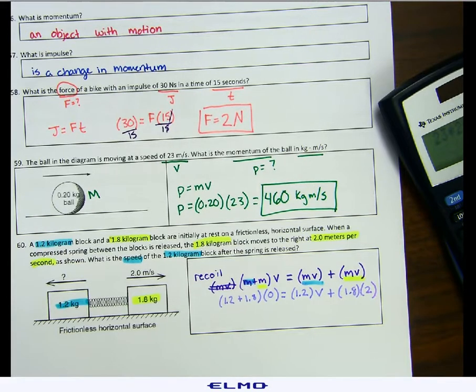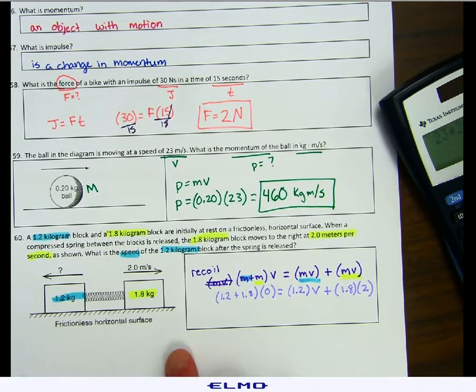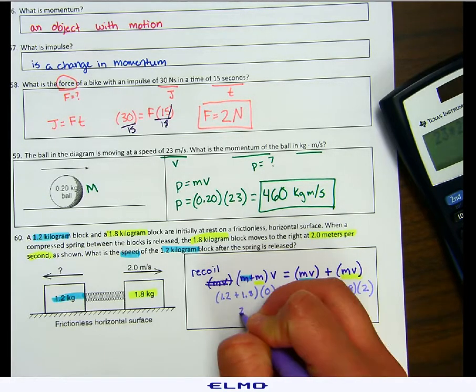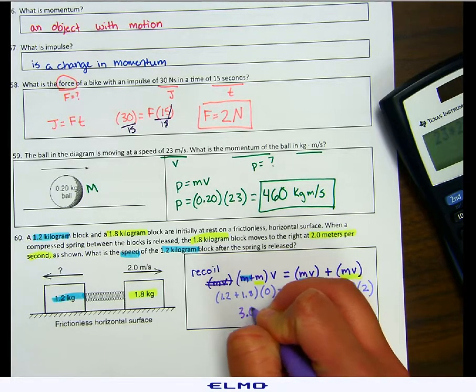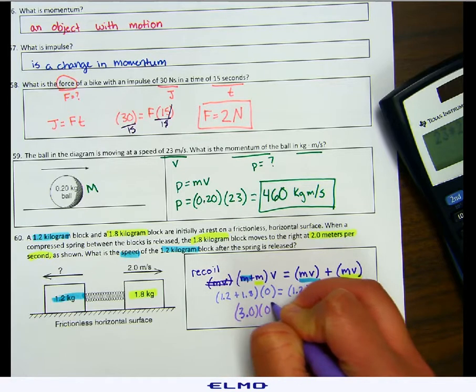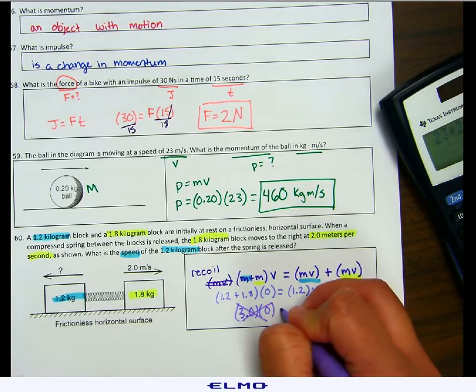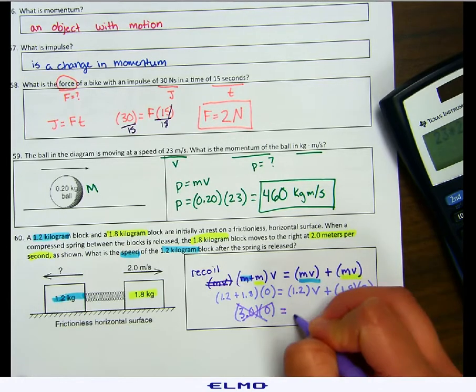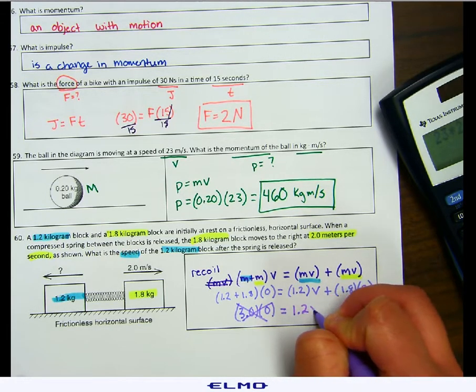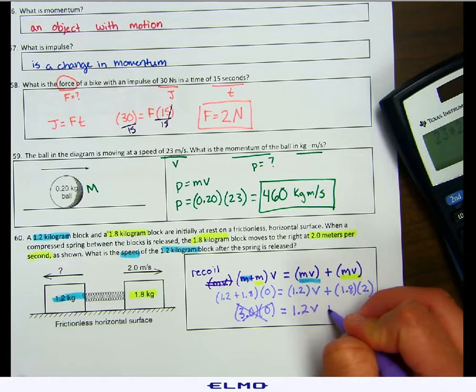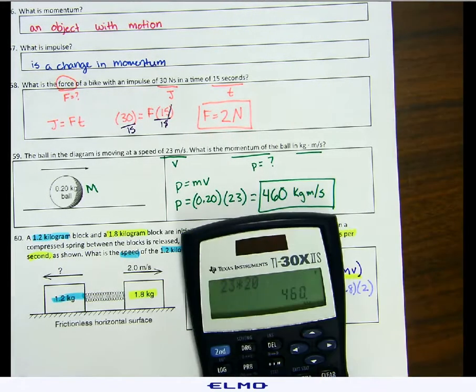Now I'm just going to solve using algebra. 1.2 plus 1.8 is 3, but it's multiplied by a 0, so that cancels out because 0 times anything is 0. I still have 1.2v, and then 1.8 times 2.